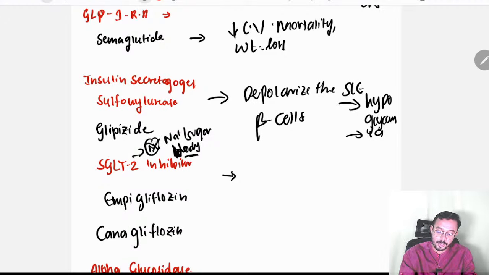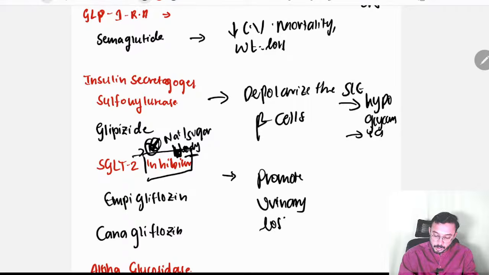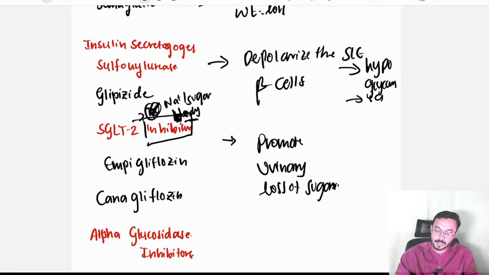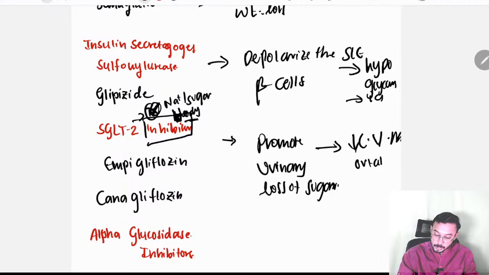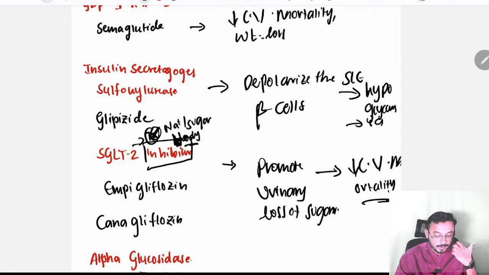In diabetes more sugar is present, so if I put a brake on this, if I inhibit this receptor, it promotes urinary loss of sugar, that is glycosuria. This is the major function of the SGLT2 inhibitor, that is dapagliflozin. It also reduces cardiovascular mortality. Very important, I have mentioned two drugs, semaglutide and dapagliflozin or empagliflozin.